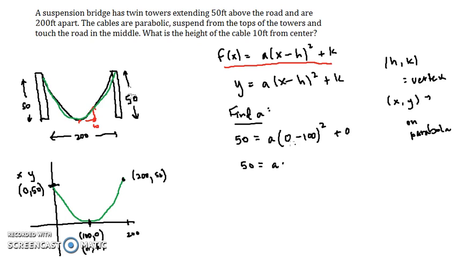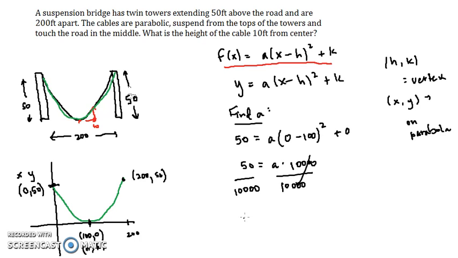Negative 100 squared is going to come out positive, so we get positive 10,000. Plus 0, that's just nothing, we can leave that off. We're trying to get A by itself, so we can divide by 10,000. And we get that A is 50 over 10,000.